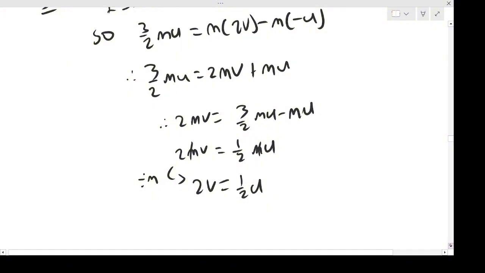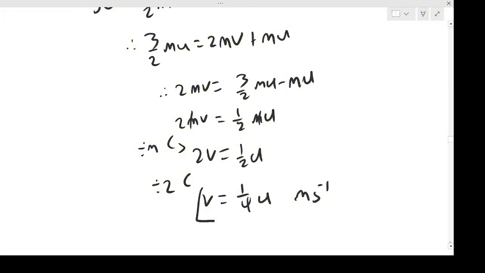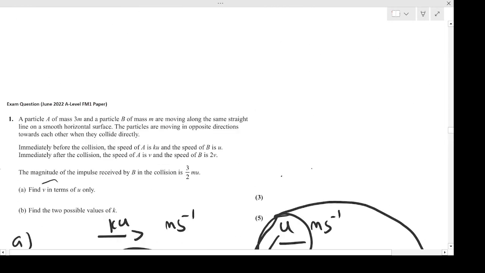Then lastly, I can divide by 2 to just get v. The v is just going to be half divided by 2, a quarter u. And there we are. That is my expression for v. So v is a quarter u, which is v in terms of u only.